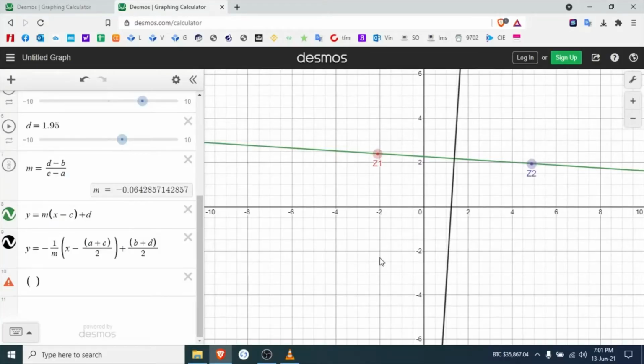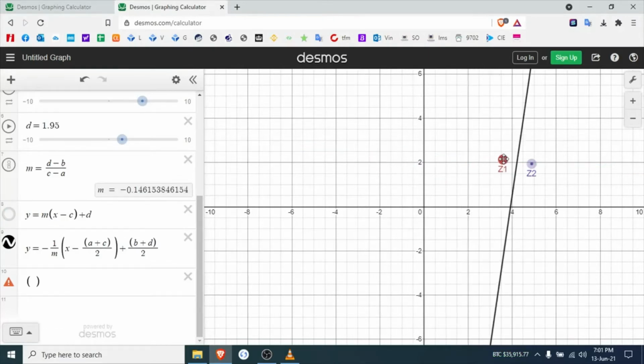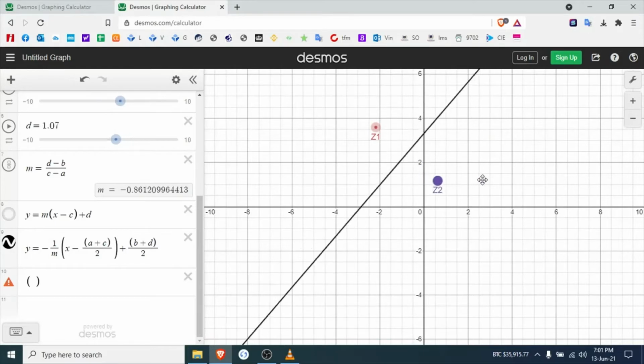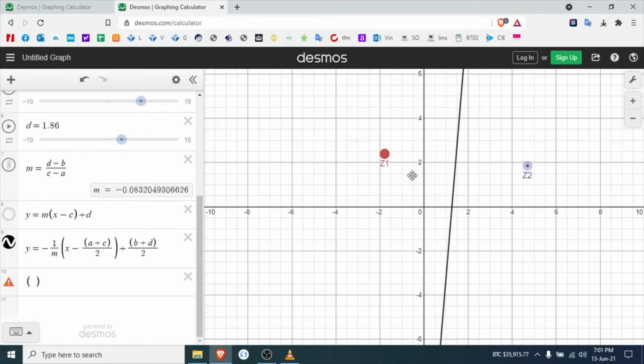Today I want to take a look at loci in the complex plane and in particular perpendicular bisectors. First of all, what is a perpendicular bisector? You can see this black line on my screen between 2 points, Z1 and Z2.